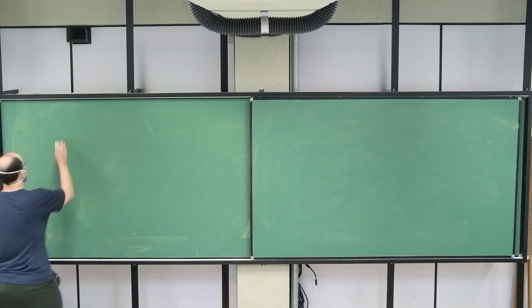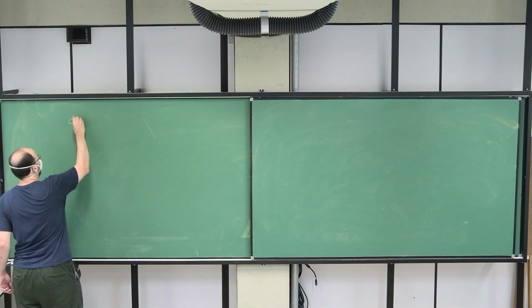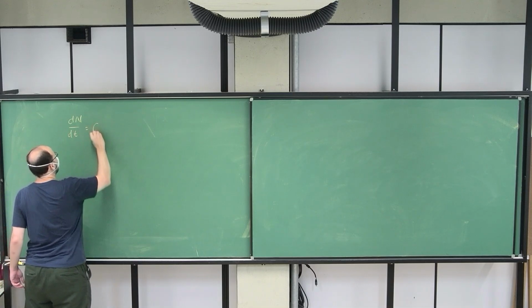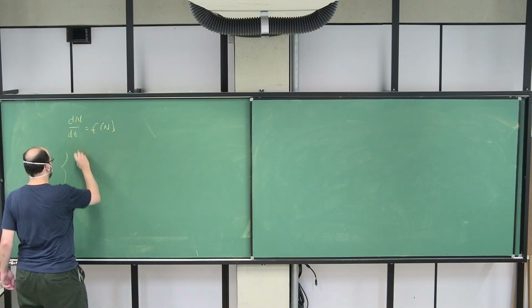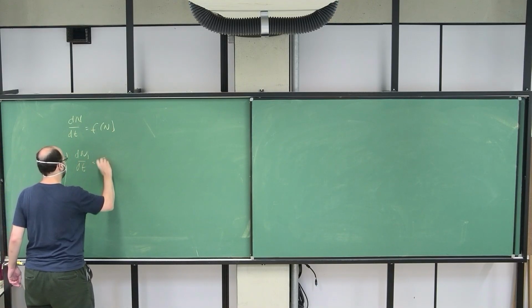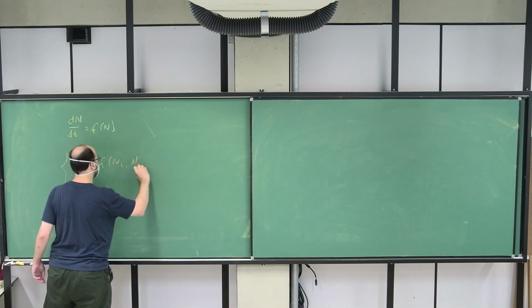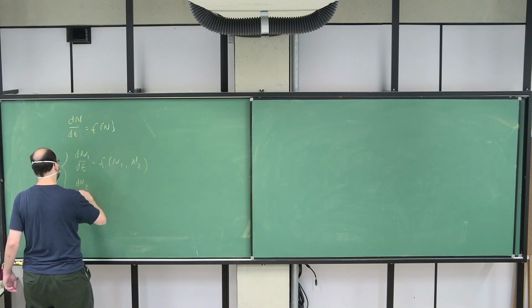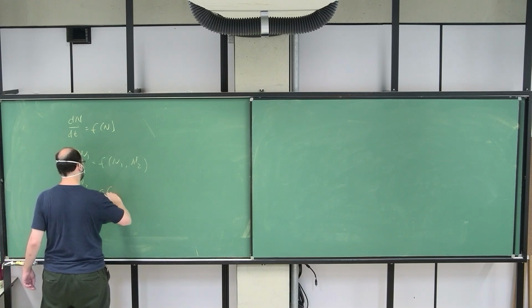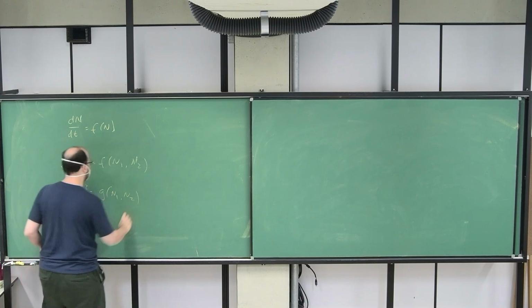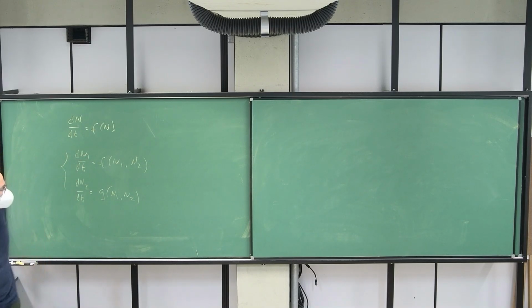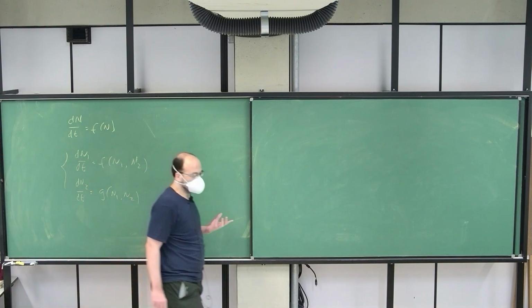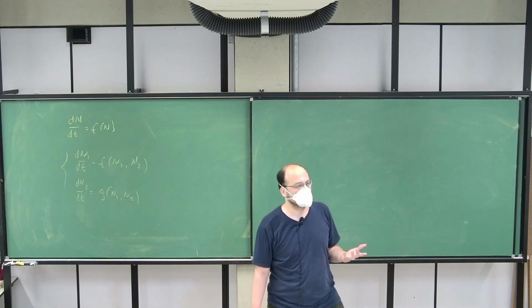So when we had equations like dN/dt equals some function of N, or maybe a system of equations, dN1/dt equals some function of N1 and N2, and dN2/dt equals another function of N1 and N2, like for instance consumer resource equations or competition equations, one of the basic tools to study these equations is looking at the equilibrium solutions, yeah?